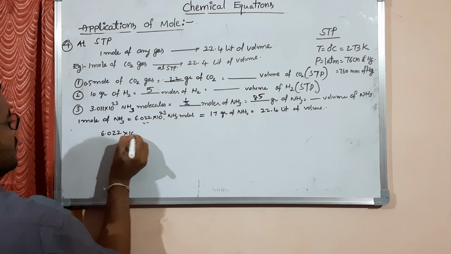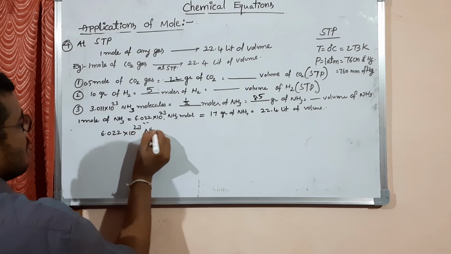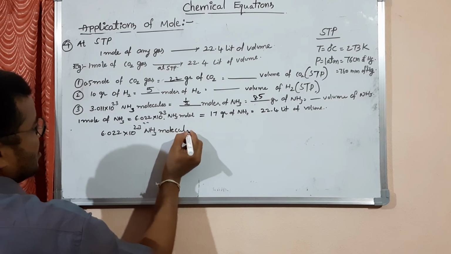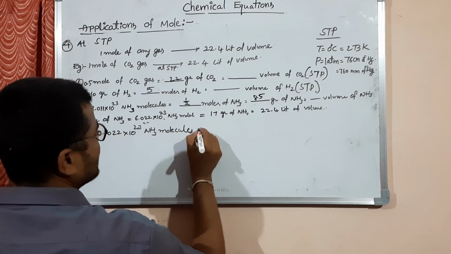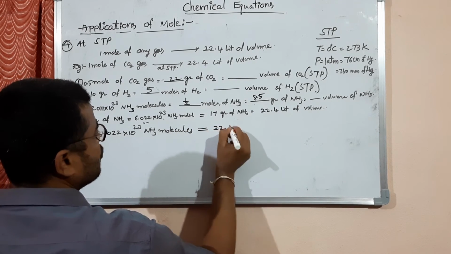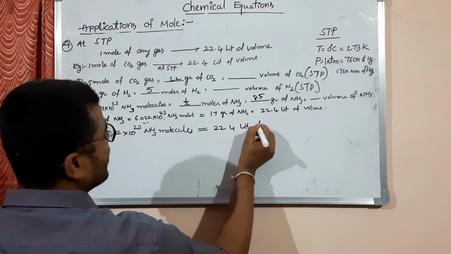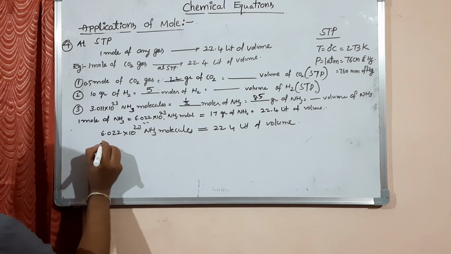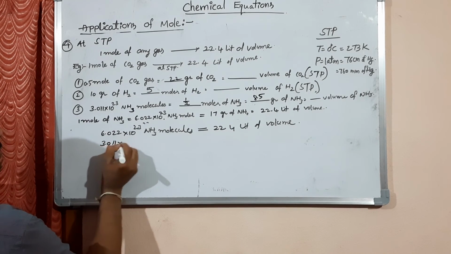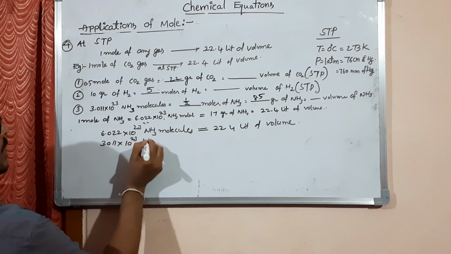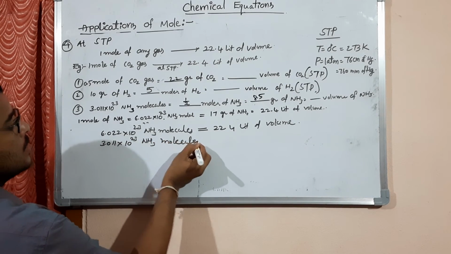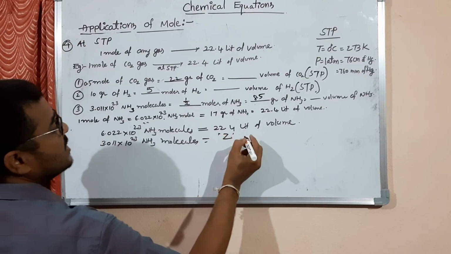6.022 into 10 to the power of 23 ammonia molecules is nothing but 1 mole of ammonia, which occupies at STP conditions how many liters of volume? 22.4 liters of volume. But the question has 3.011 into 10 to the power of 23 ammonia molecules, equal to Z liters of volume.